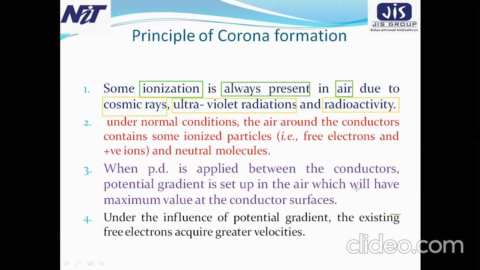For all these reasons, the air is always ionized. This is the first point. You have to remember that some ionization is always present in the air due to cosmic rays, ultraviolet radiations, and radioactivity.